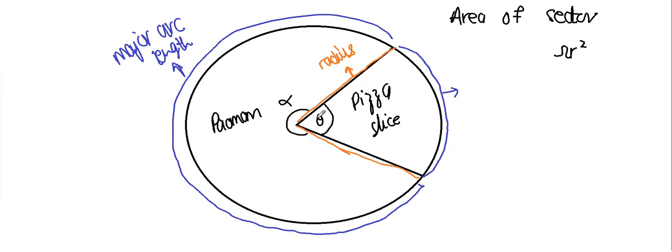We can see that there is an angle subtended at the center of the circle, which is a portion of the entire angle of 360 degrees, right? So I shall write theta upon 360 multiplied by pi r squared, to find the area of a sector, to find the area of this pizza slice region, this region basically. Do you understand?